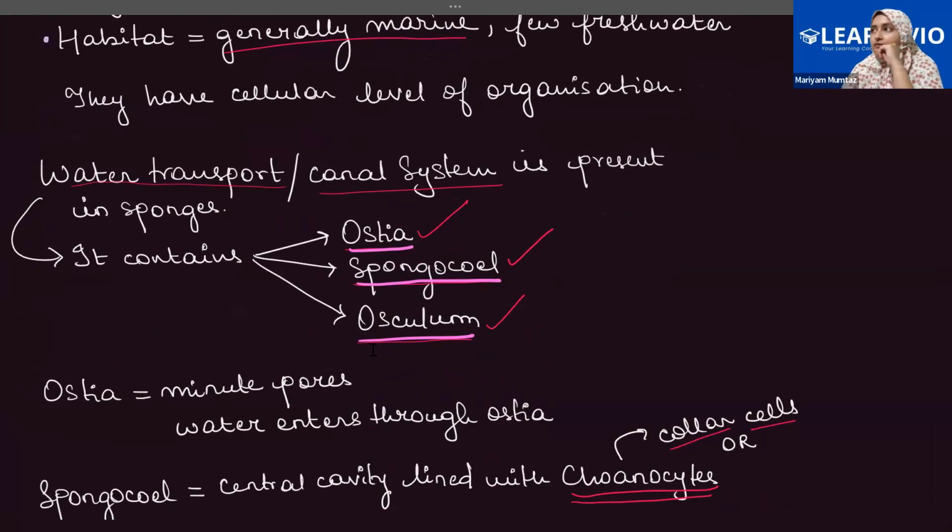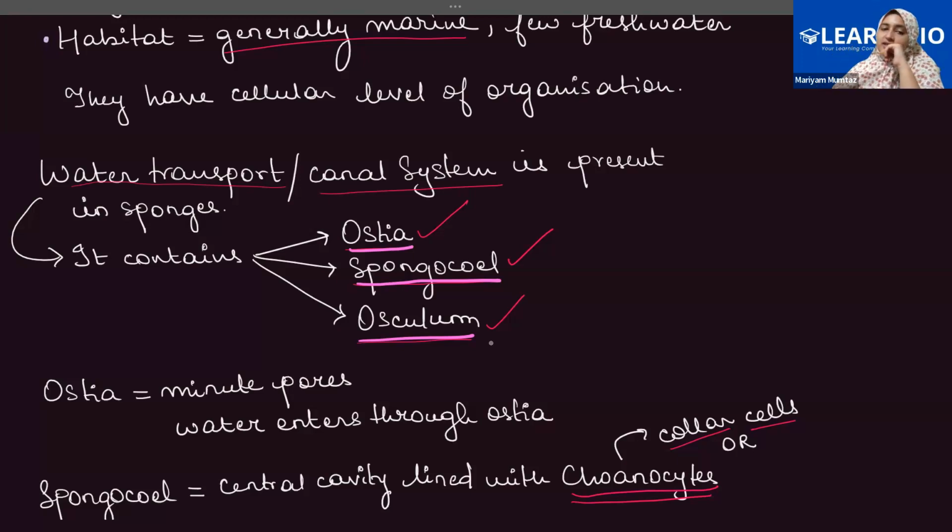Since they are the lowermost organisms, they don't have a proper transport system in their body. Instead, they have the canal system, or the water transport system.